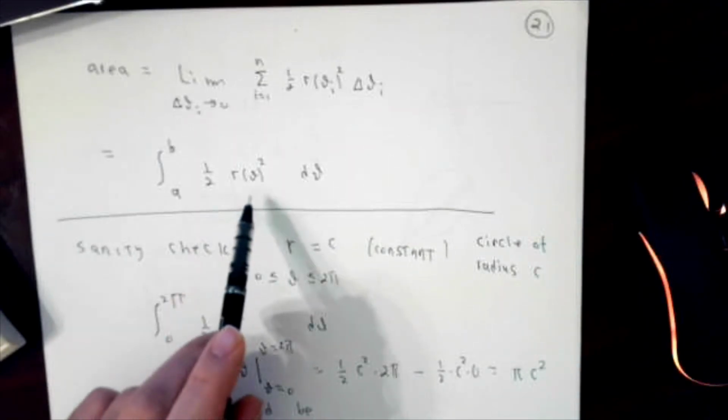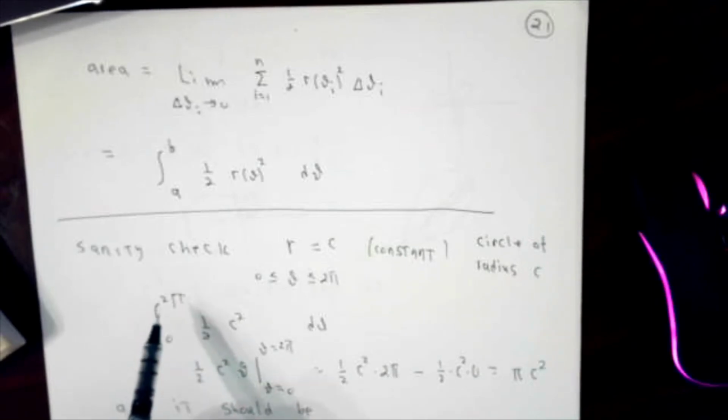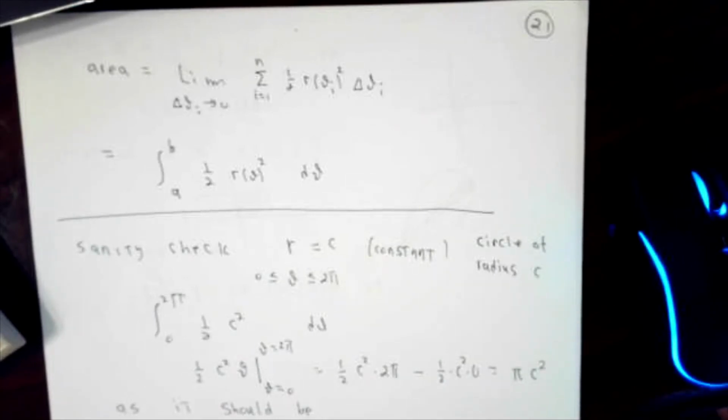So 1/2 radius squared, 1/2 c squared, integrated with respect to theta from 0 to 2 pi. Antiderivative of a constant is the constant times the variable. And when the dust finally settles, you get pi times c squared, just like you ought to. If I'd got something else, that would have shown there's something wrong with the way I'm thinking about this.